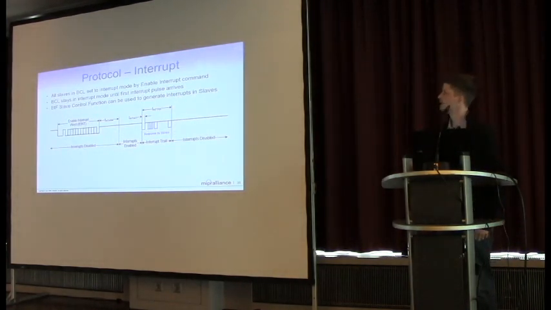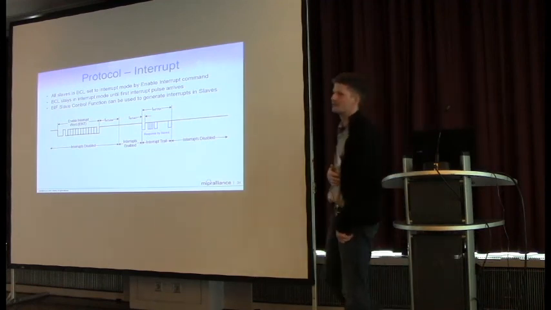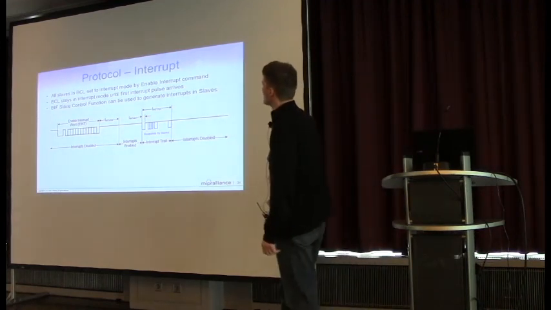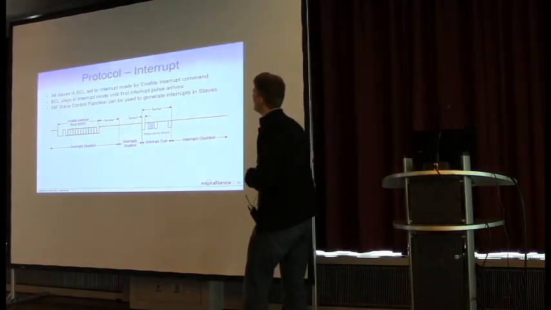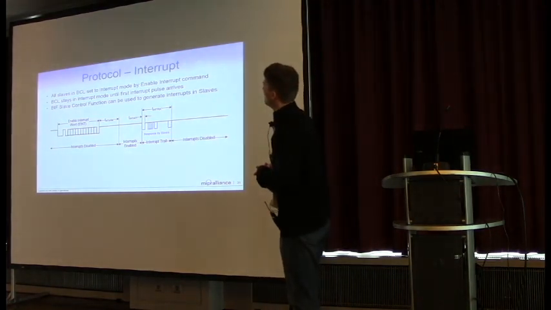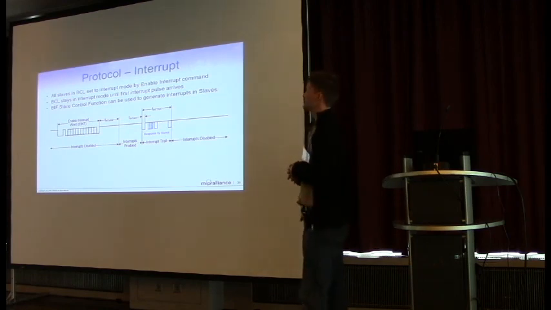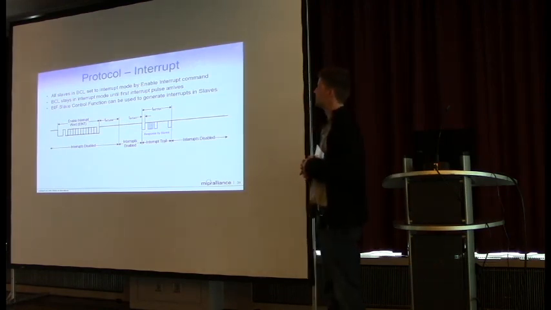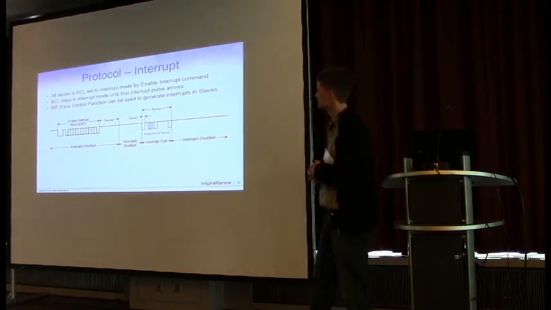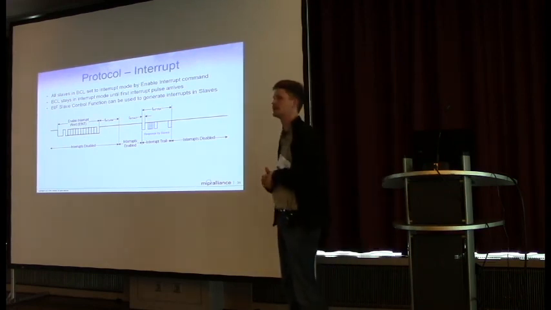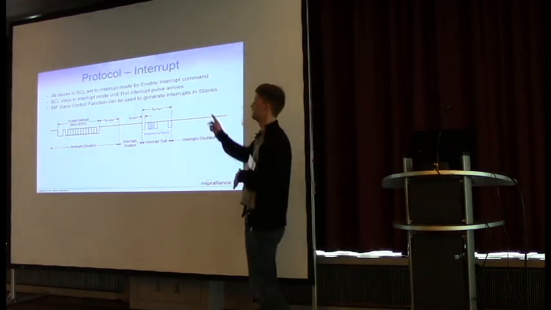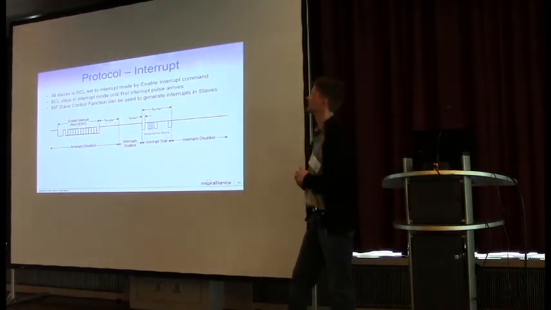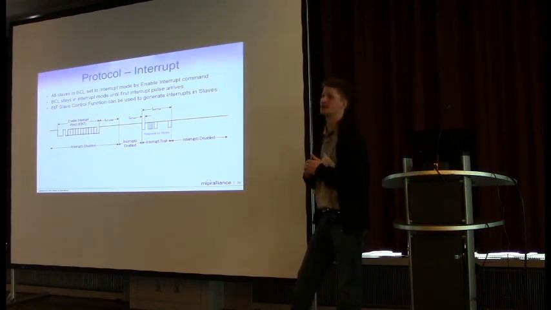So interrupt is one important feature in diff. It's working over the same line. So the master sends the interrupt enable command to the bus, and then the slaves will go to the interrupt mode. And the PCL line stays in interrupt mode until the first interrupt pulse arrives.